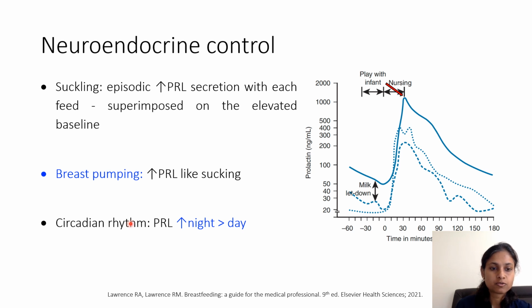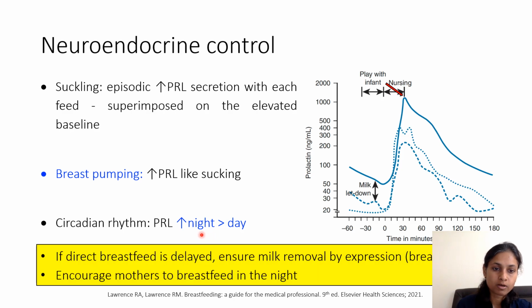What does that mean? The prolactin is more in the night than in the day, so it's preferable to feed more in the night. And if direct breastfeeding is delayed, you should ensure milk is removed by either manual expression or preferably by breast pumps, and encourage mothers to breastfeed in the night.